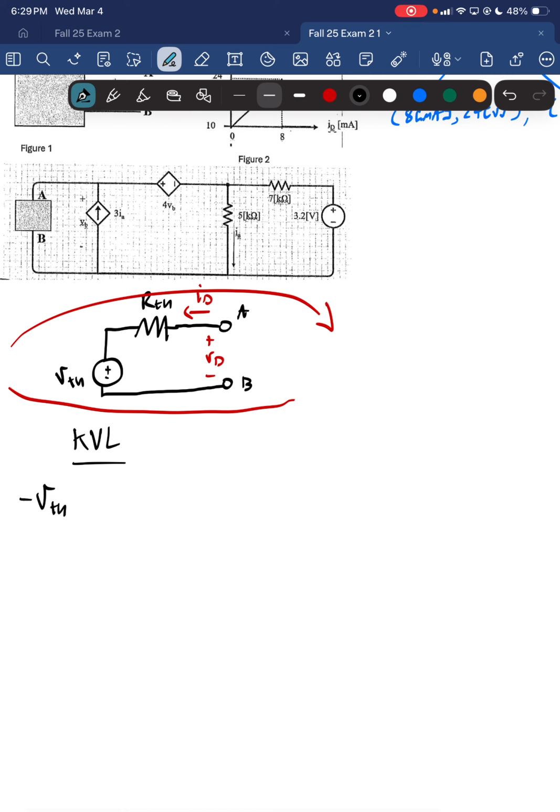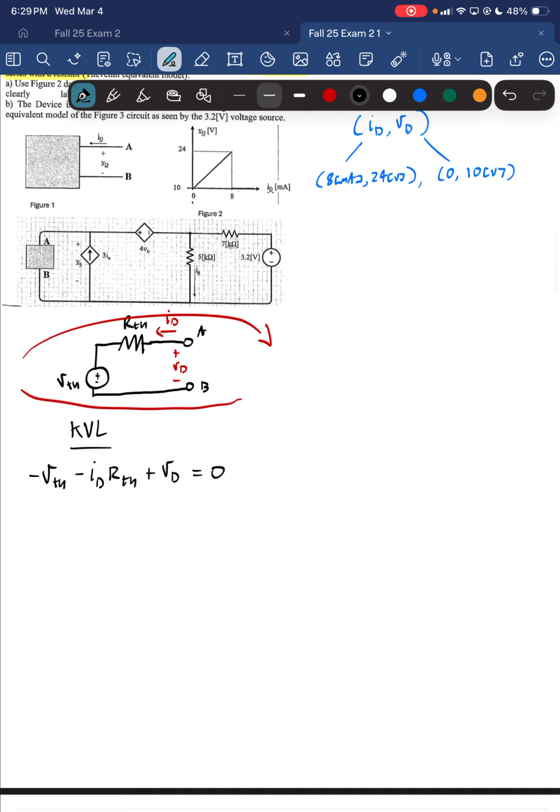Negative V Thevenin minus ID times R Thevenin plus VD equal to 0. And remember, it's minus ID times R Thevenin, just to really emphasize it, because we have current entering the positive terminal.